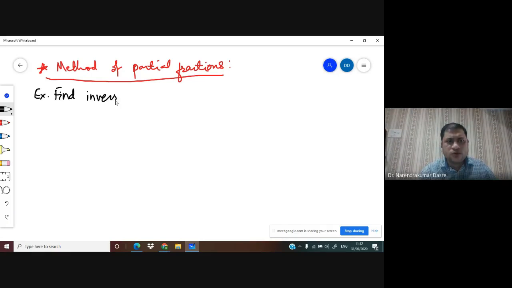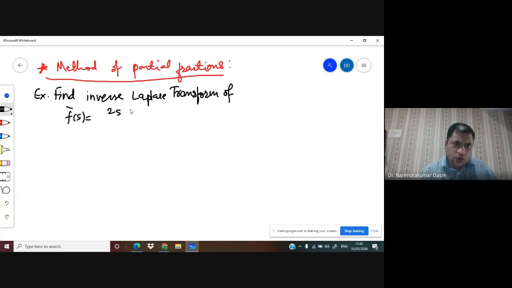Find inverse Laplace transform of F bar of s equal to (s square plus 2s plus 3) upon (s square plus 2s plus 2)(s square plus 2s plus 5).